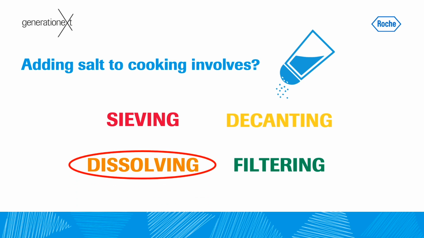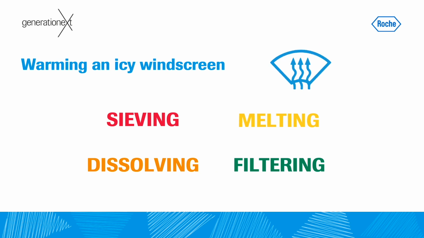That's correct, dissolving. Remember, salt is soluble in water. And finally, warming an icy windscreen on a cold day. Think about what happens to the ice. That's right, it's melting.